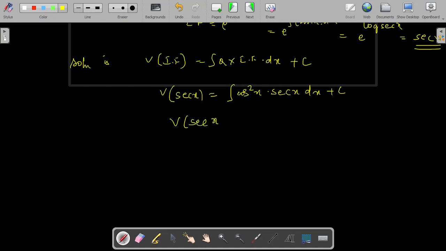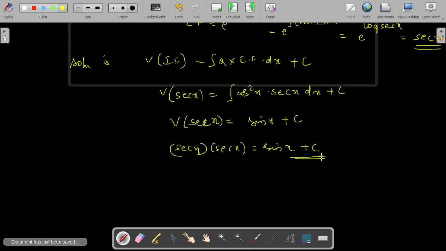V into secant x is equal to the integral of cos x, which is sin x, plus c. So the V value is, we have taken V as secant y. So secant y into secant x is equal to sin x plus c. This is the general solution of the given differential equation.